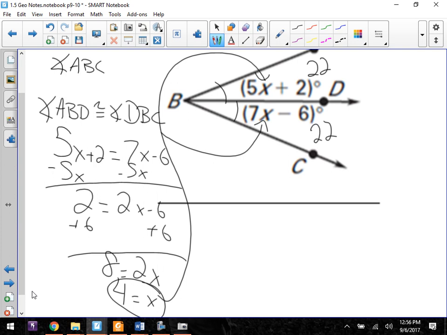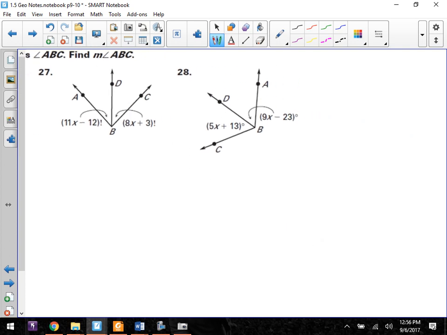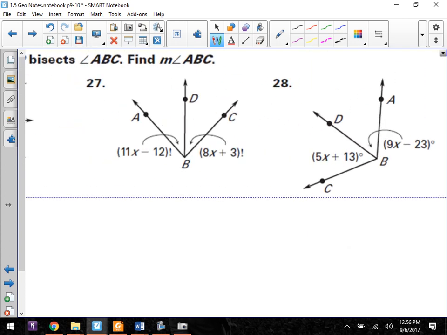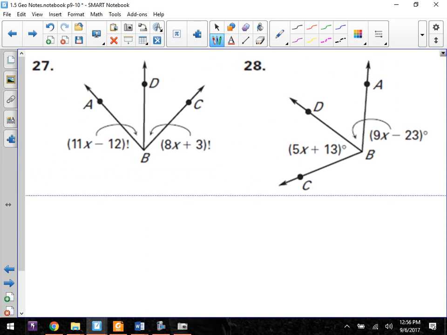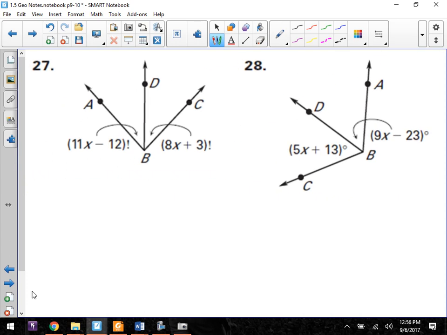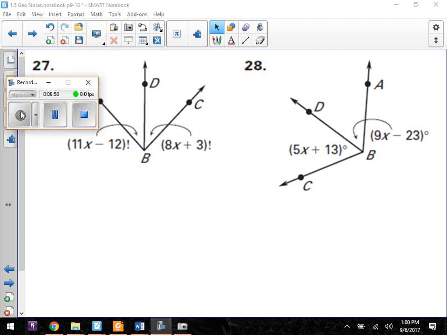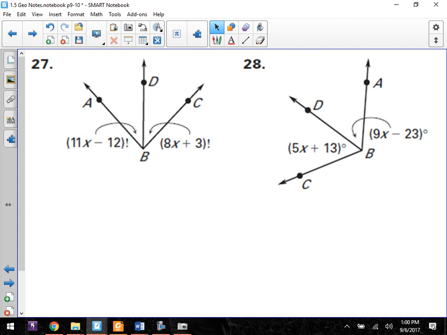Okay. Take a minute and solve for these two. BD is the bisector for either one of these angles, and figure out all the angles. Okay? Take a few minutes and do it. So we know that these two have to be the same.